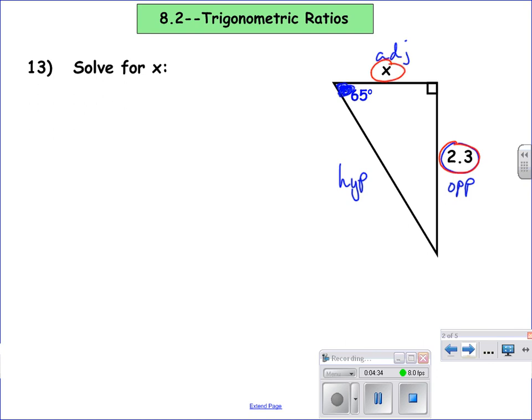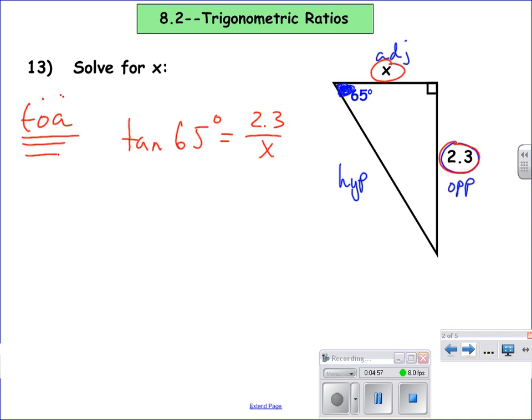Opposite and adjacent. Let's see. If I know my vocabulary, TOA is opposite over adjacent. So the tangent of 65 degrees is equal to the opposite over the adjacent. The opposite, I know that's 2.3. The adjacent is unknown.